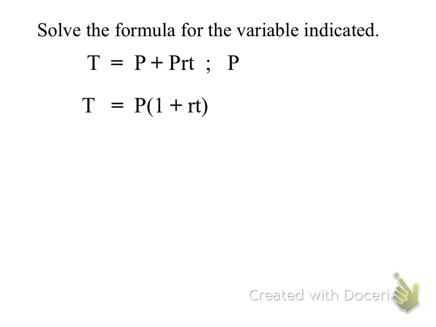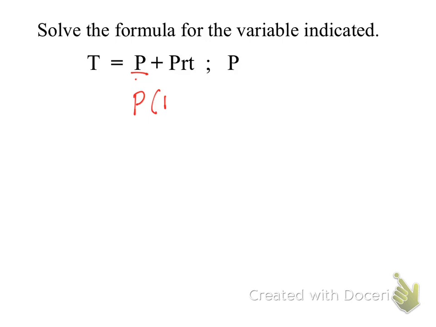Factoring the P. And then look what happens. If I take P, and I divide this by P, because factoring is really kind of dividing, what's left? What's left when you divide P by P? 1. Not 0.